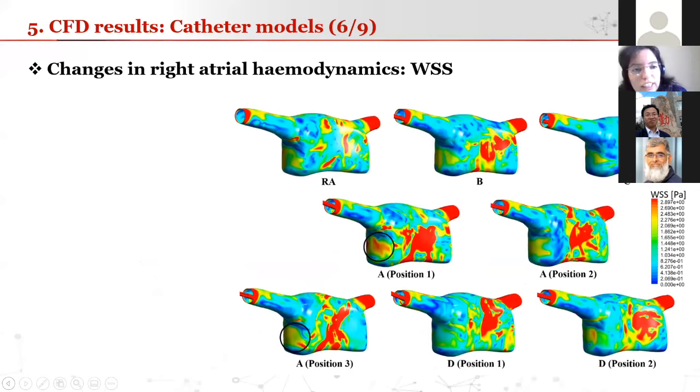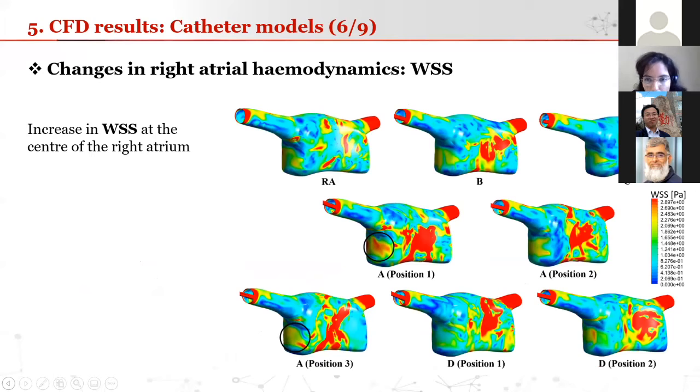Introducing the catheters in the model also increased wall shear stress in some spots. As you can see, for all of the catheters, there is a red distribution of wall shear stress. For example, for catheter A position 1, we have a large amount of elevated wall shear stress at the center of the right atrium.